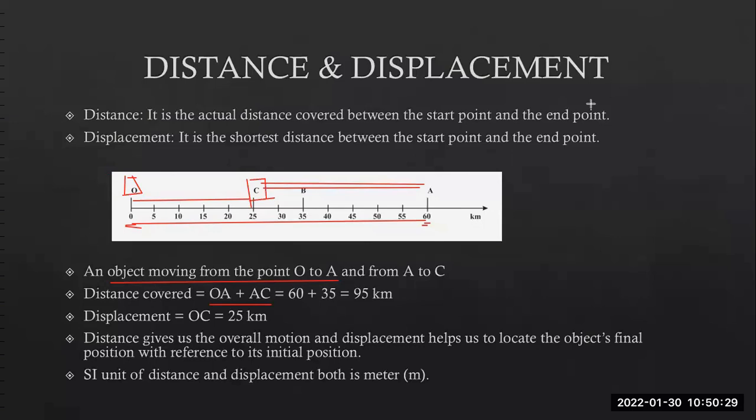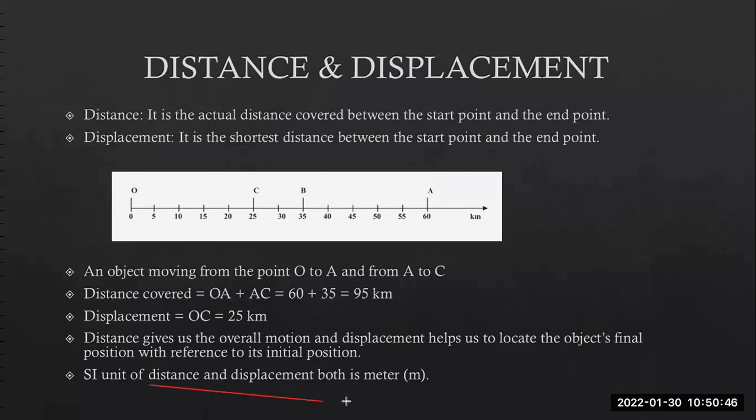So a few notes with respect to distance and displacement. Distance gives us the overall motion, whereas displacement helps us locate the object's final position with reference to its initial position. And this is quite important. Distance and displacement both have the same SI unit, called the meter. Are you introduced to the SI unit?